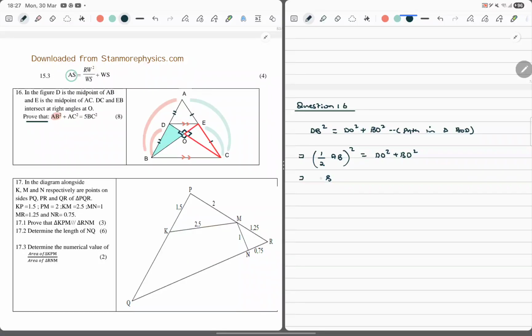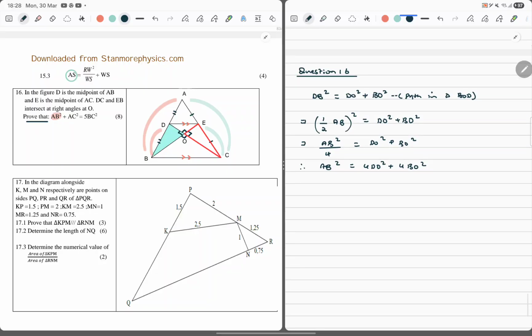So this implies that I've got AB squared over 4 equals DO squared plus BO squared. Therefore, I can see that my AB squared is going to be 4 times DO squared plus 4 times BO squared, when we cross multiply. Okay, that's fine. We leave it here. What are we going to say? We are going to say likewise.